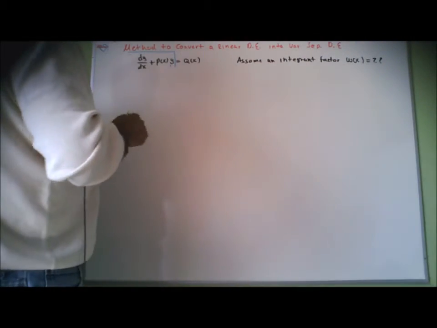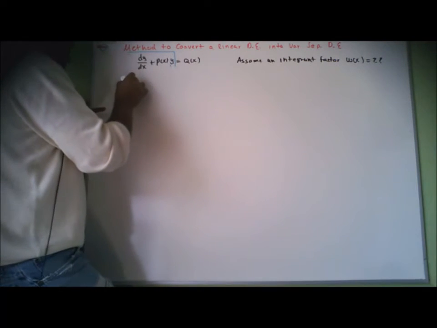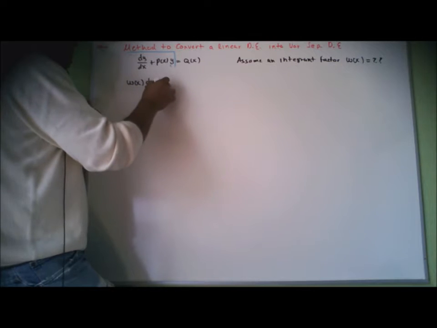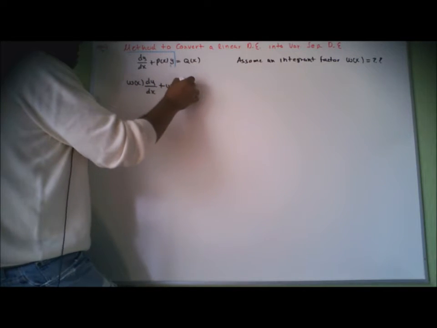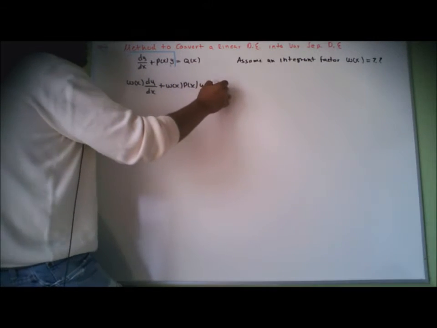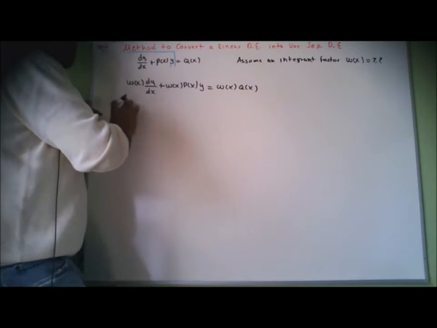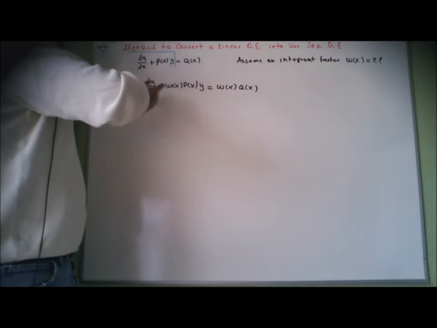It is going to be w of x times the derivative of y with respect to x, plus w of x, p of x, y equal to w of x, q of x. We multiply that w of x times the differential equation on both sides.